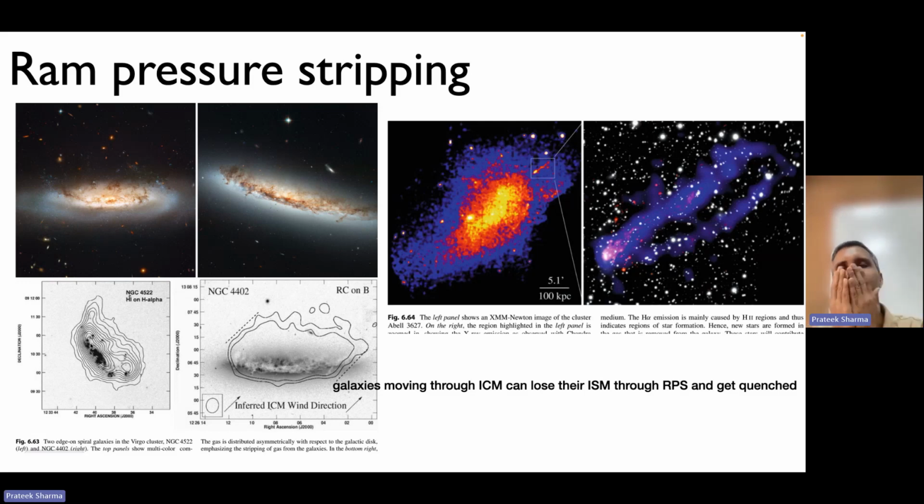They are like these Stromgren spheres, radiatively excited regions around young stars. Similarly, this is another example where you see distorted HI profiles. So this is HI, this is optical, this is in X-rays.